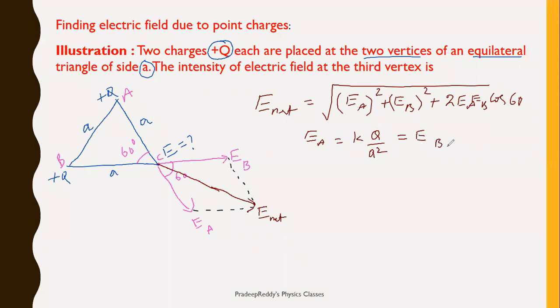Both magnitudes are equal. So I can simply write E net is equal to, taking E square common, 1 plus 1 plus 2 cos 60. Cos 60 will be equal to 1 by 2, and overall the whole root as it is.